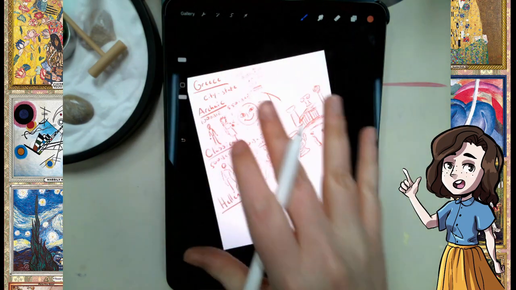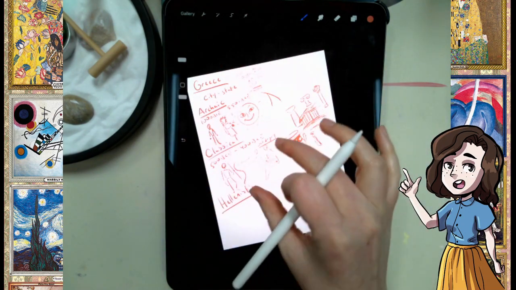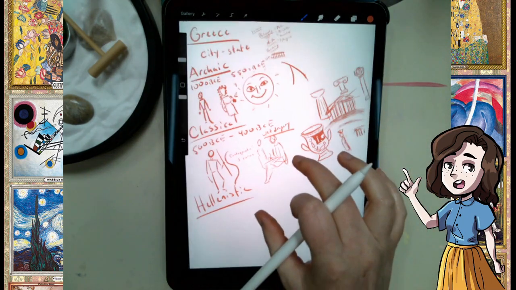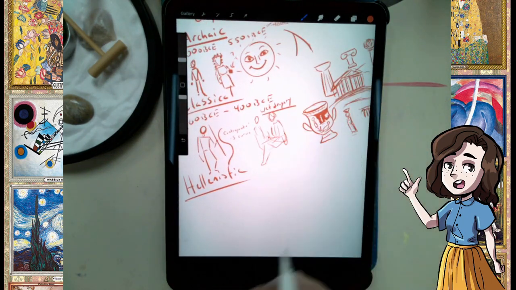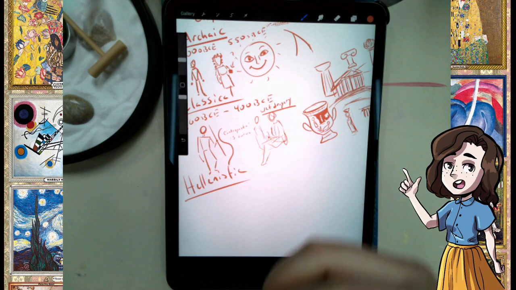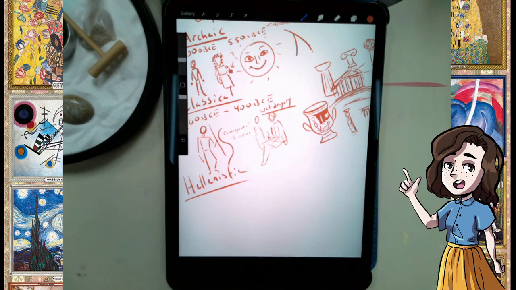This is like your classical Greece. Once the Greeks kind of figure themselves out, they have their culture pretty set in stone, they start to play a little bit with that idea of emotion and exaggeration.